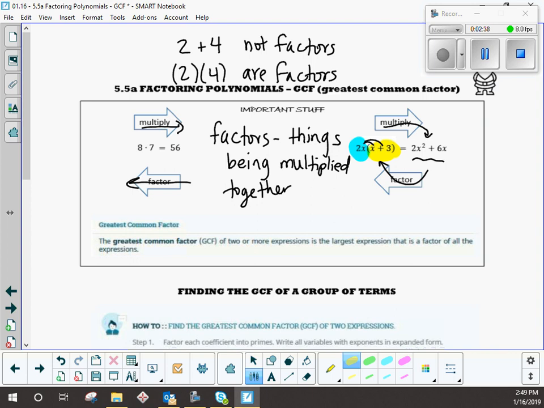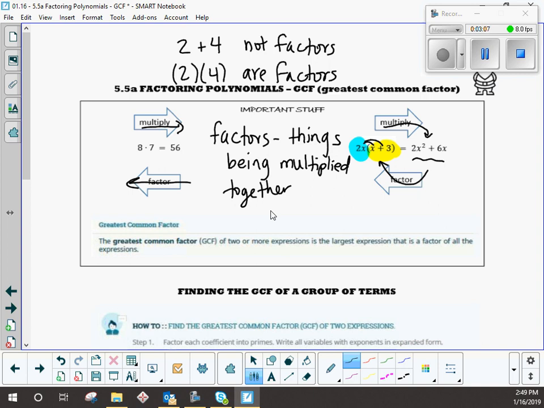Because the x is not a factor, 3 is not a factor, because those are being added together. But when you take the entire group that has parentheses around it, all of that yellow is one factor, and all of that blue is another factor. So that's 2 things that are being multiplied together. So it can still have a plus in there as long as that plus is part of a bigger group. All right. So keep that in mind as we work through the problems.